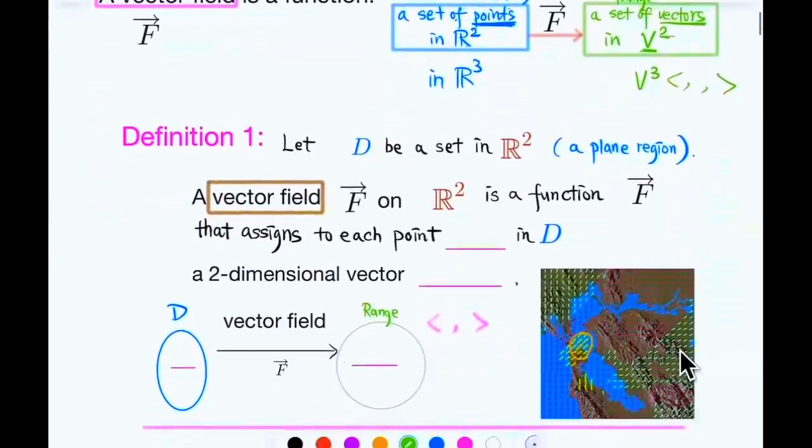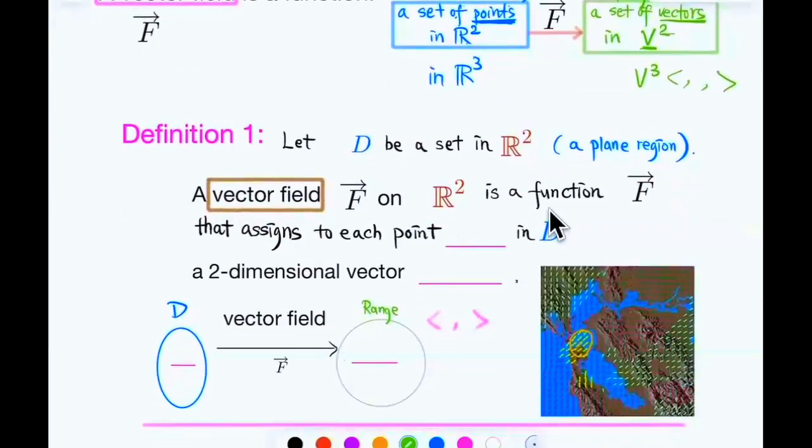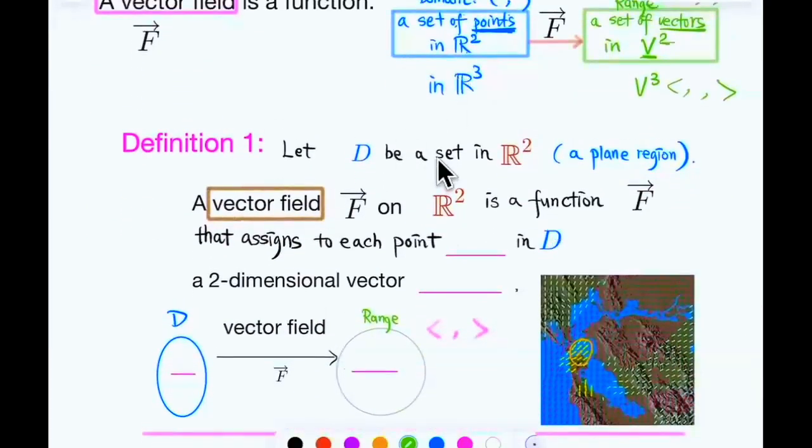So here is a formal definition. Let C be a set in R2, which is a plane region. Think about it like this one. A vector field on this R2 is a function indicated by the big F with an arrow on top that assigns to each point x comma y in this domain a two-dimensional vector F of x comma y.